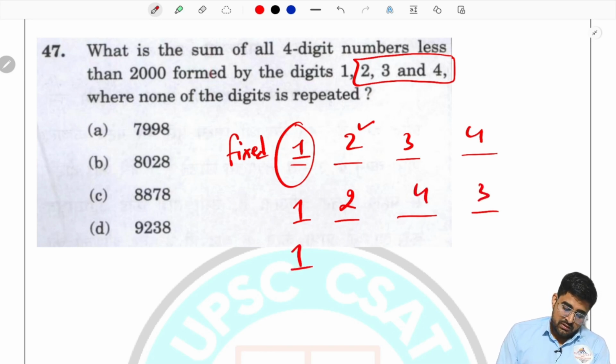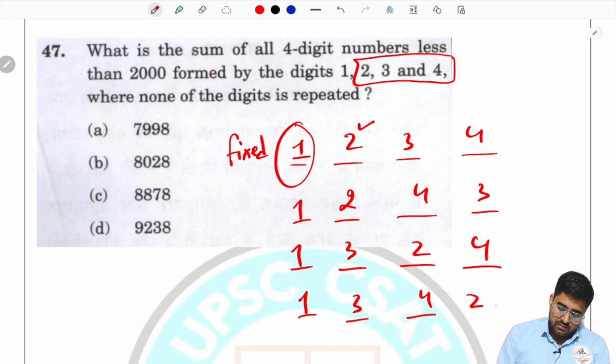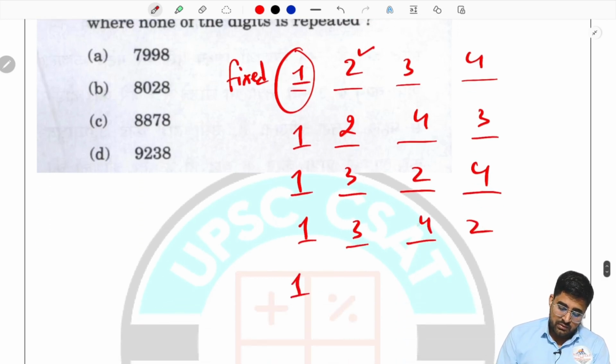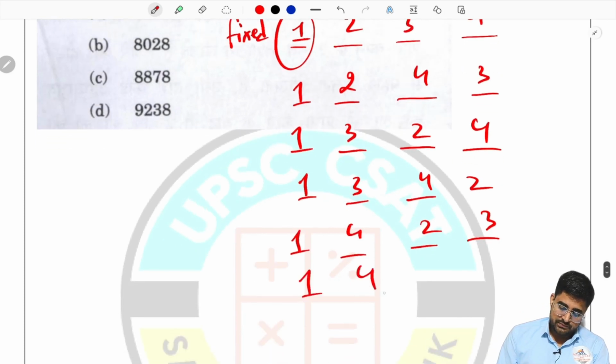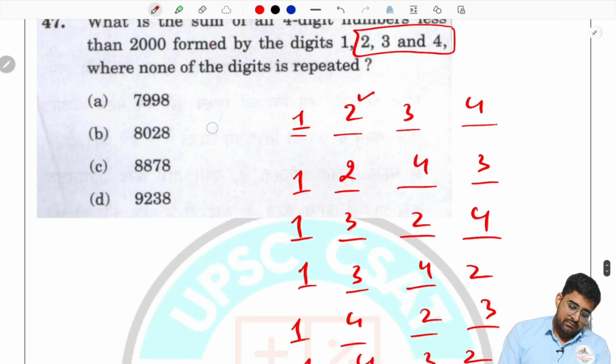Now let us fix 3 here, then we can write it, now interchange. Now fix 4 here. Now we have 2 and 3, now interchange. So there are 6 possibilities. Okay, we fix this.